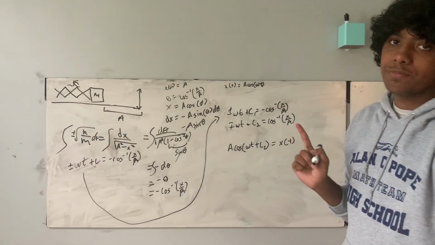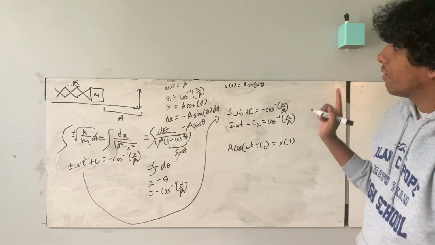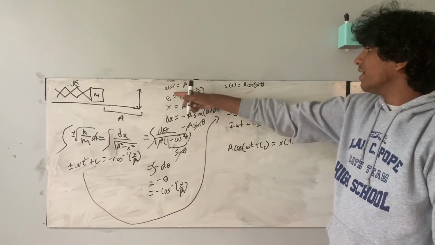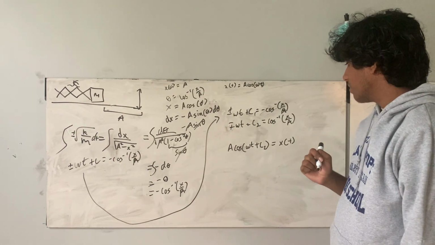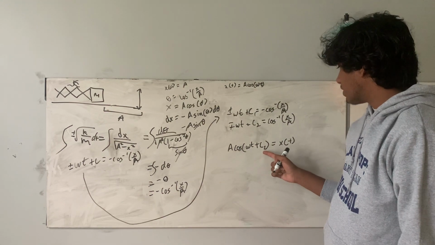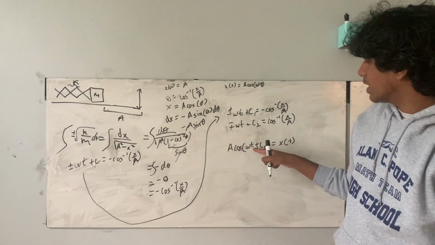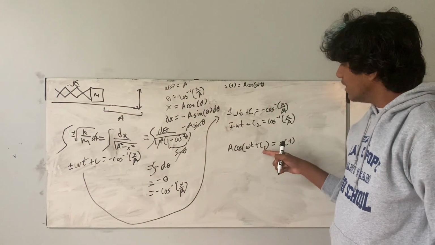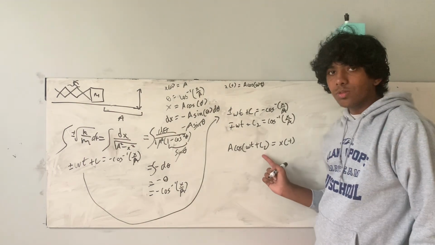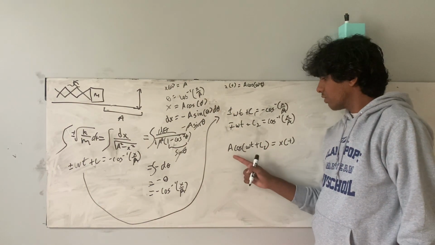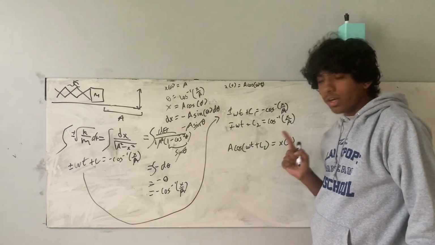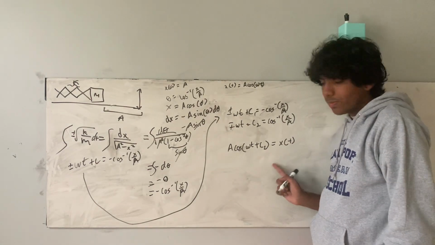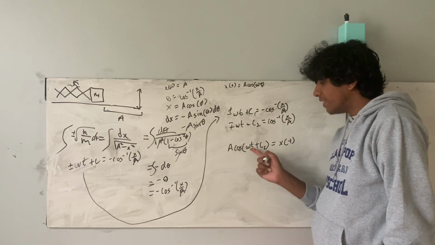We ain't done yet. We have the initial condition x of 0 equals a. So t becomes 0, which means this becomes 0. This would have to be 0 too, because we're going to have cosine of 0, which is 1, so a equals a. Since this needs to be 1, this needs to be 0.